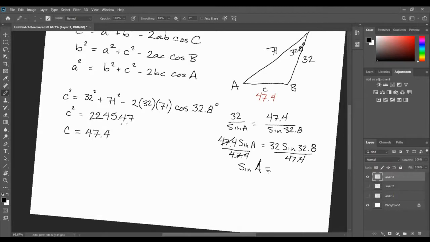I need to figure out why that's jumping and get it to stop, because that's bugging me. 32 sine of 32.8 divided by 47.4 is 0.3657. So A would be the arc sine of that, which is 21.5.